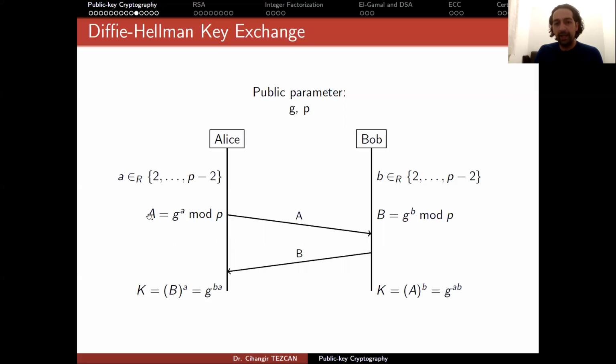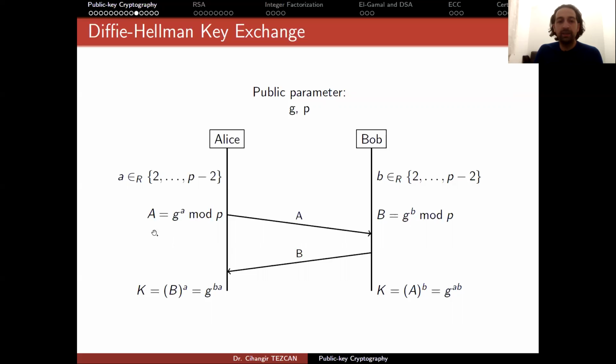When Alice sends A, the attacker captures capital A. And when Bob sends B, the attacker also captures this. But let's look at the problem. If the attacker looks at A, this means they know G, P, and the result when G is raised to the power a, but they don't know the small a.